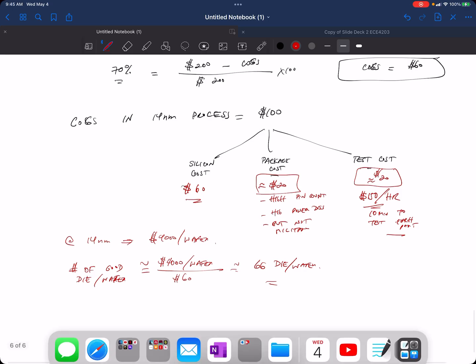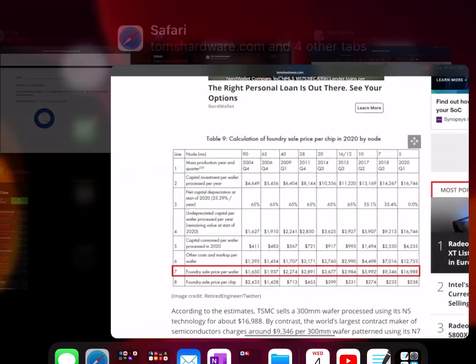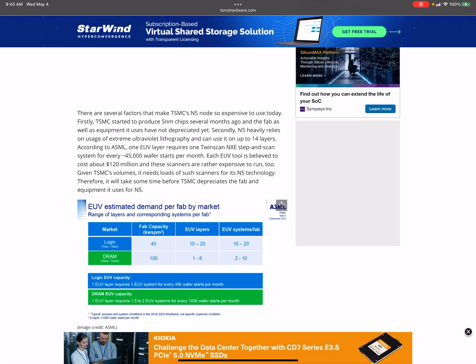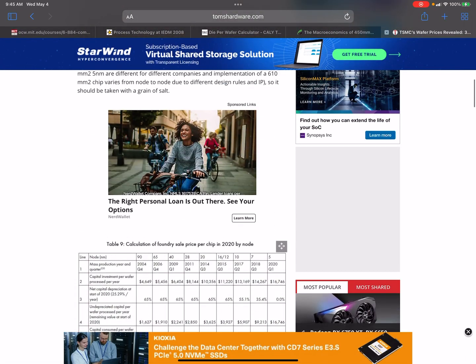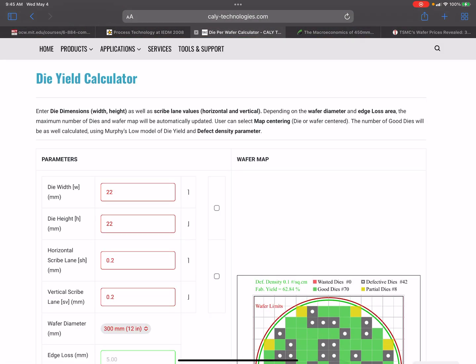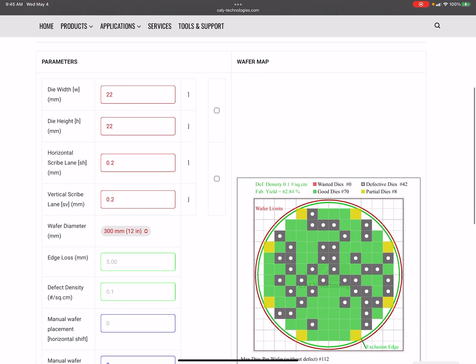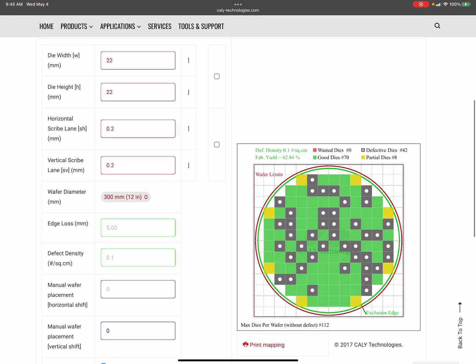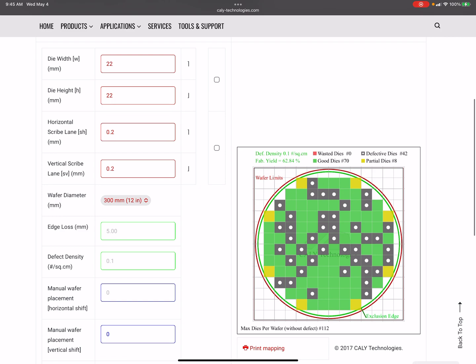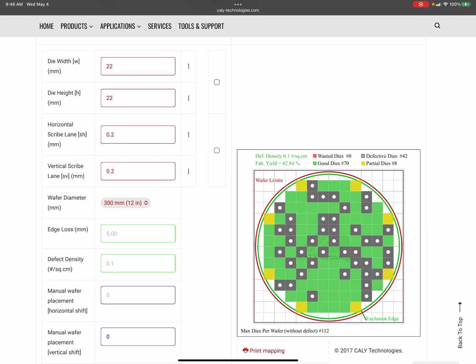Now I can take this to another website that I sent you guys the link to, which is a place to calculate the number of good die that you would get per wafer. The idea here is you can work backwards from there to come up with your die size.